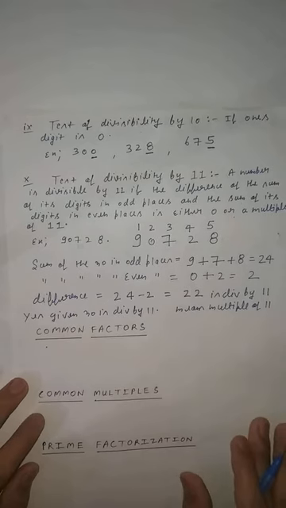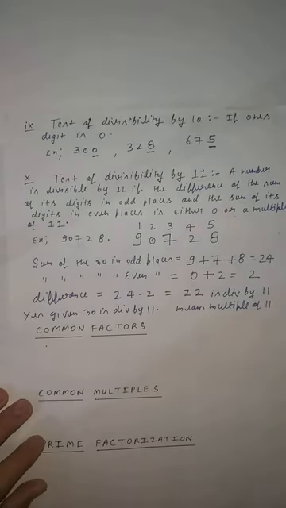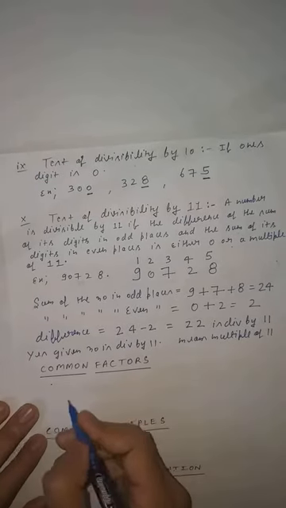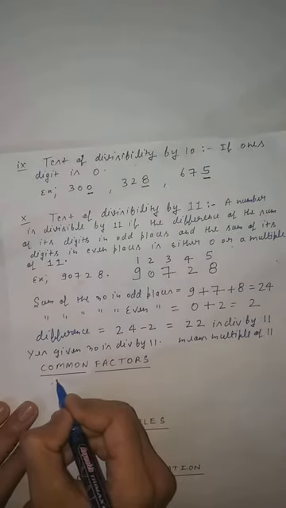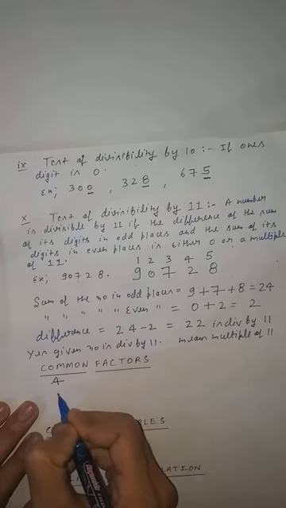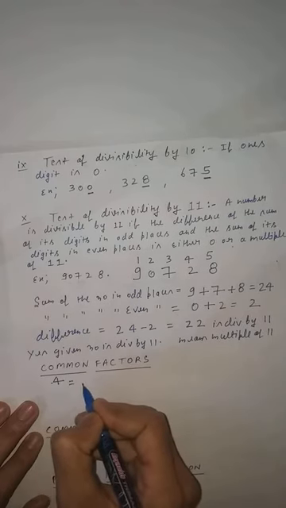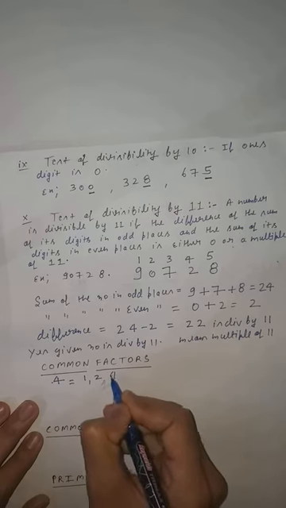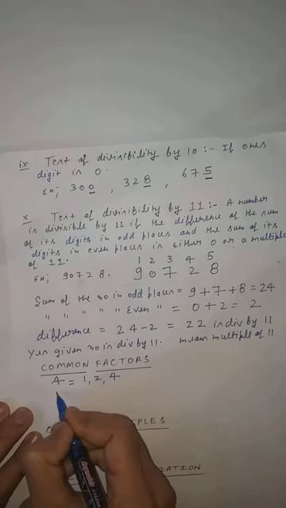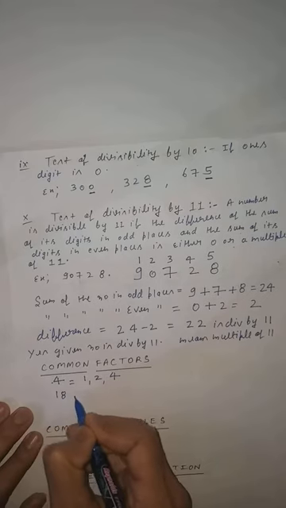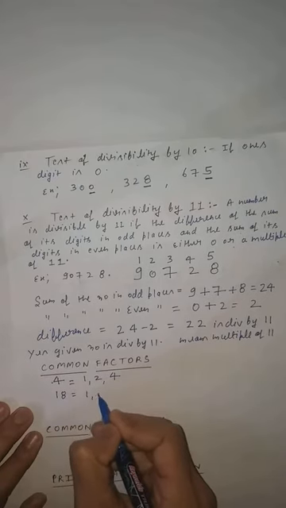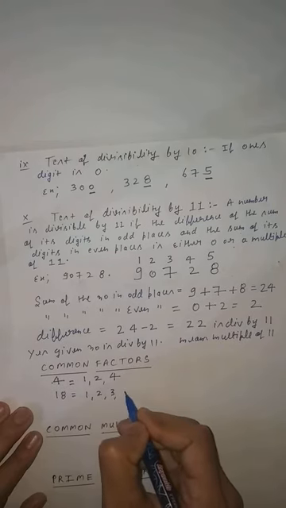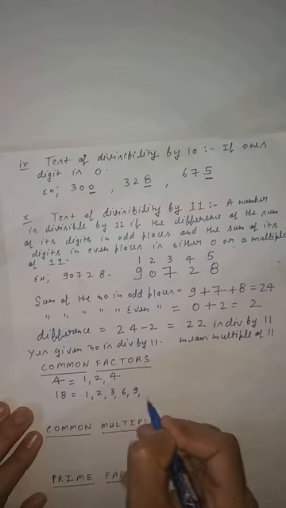Now next is common factor. So what is common factor? If I am taking the example 4, what can you write down? The factors of 4 are 1, 2 and 4 itself. Another, if I am taking 18, you can take any other example: 1, 2, 3, 6, 9, 18.